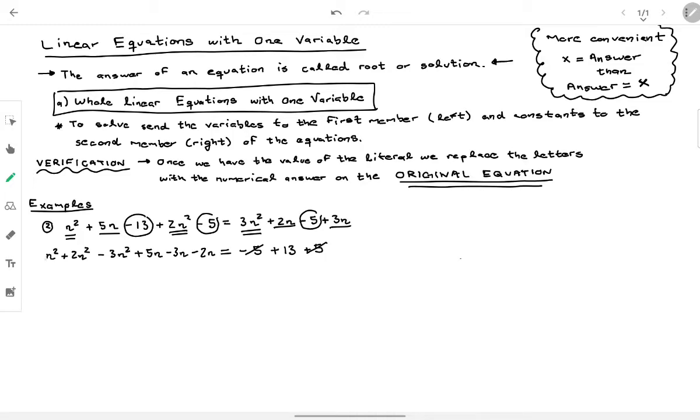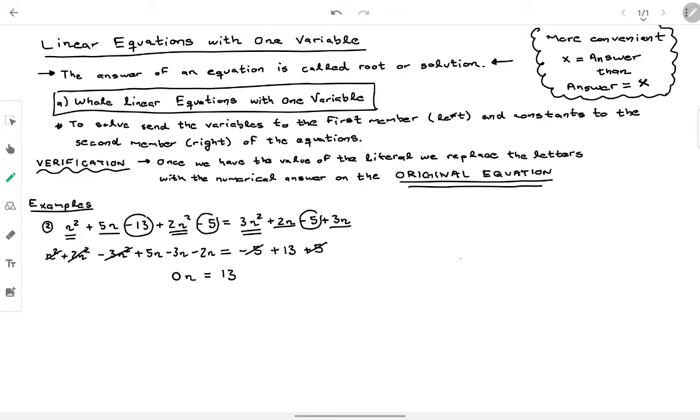It will be the same here because n squared plus 2n squared is 3n squared. So they disappear. And here we will have 5 minus 3 minus 2, it's 0n equals 13.